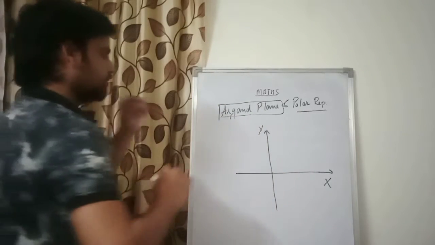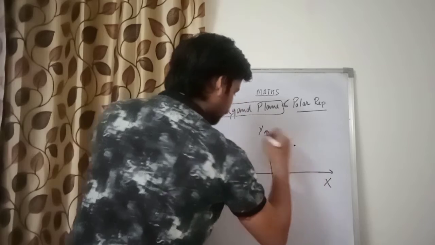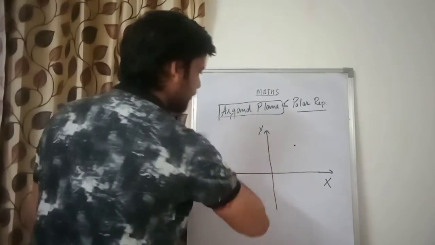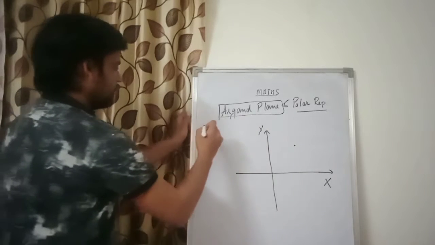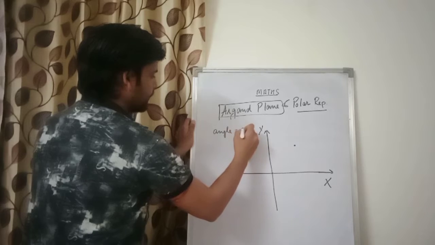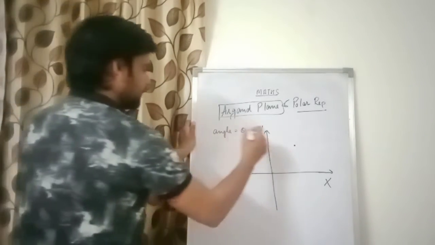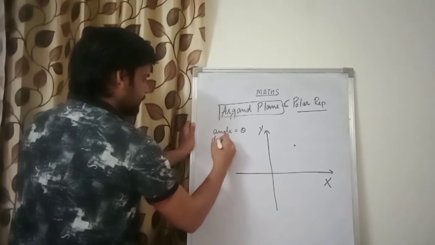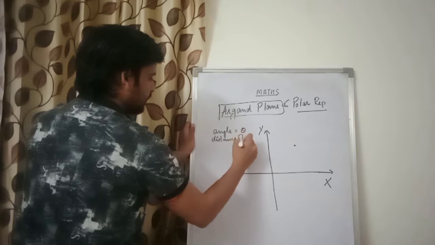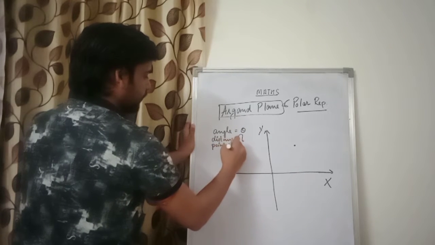Let's say I want to represent this point in terms of an angle, which is going to be represented with theta, and the shortest distance of that point from the pole.